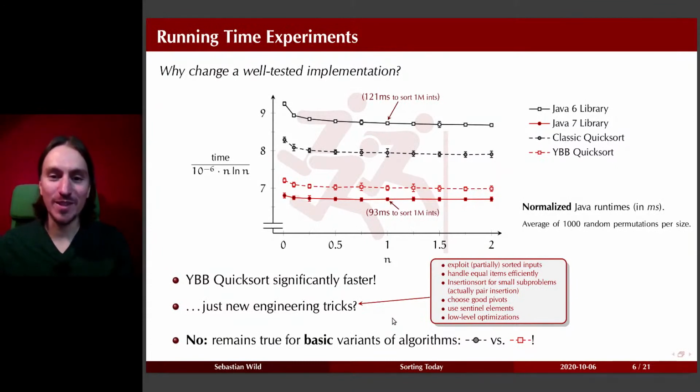That's as much as I will say. You still get this 8 to 7, 12% speed up. So something is going on with this dual pivot quicksort. There's something substantial happening, and if you're anything like me, you're curious what's going on here.